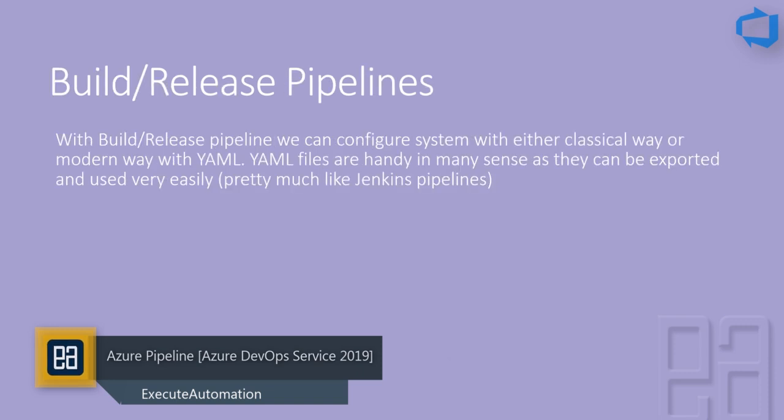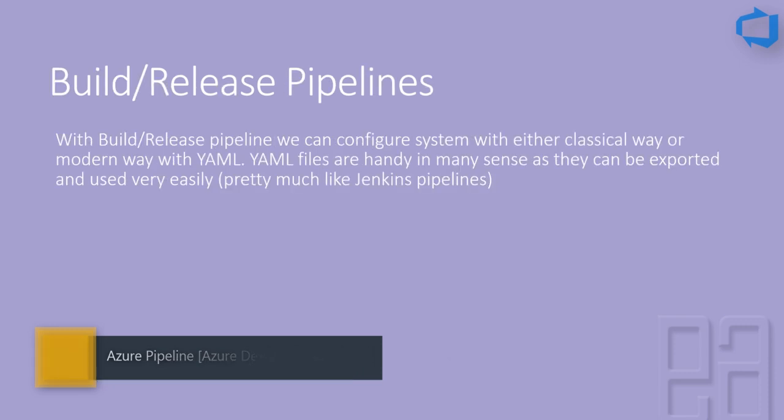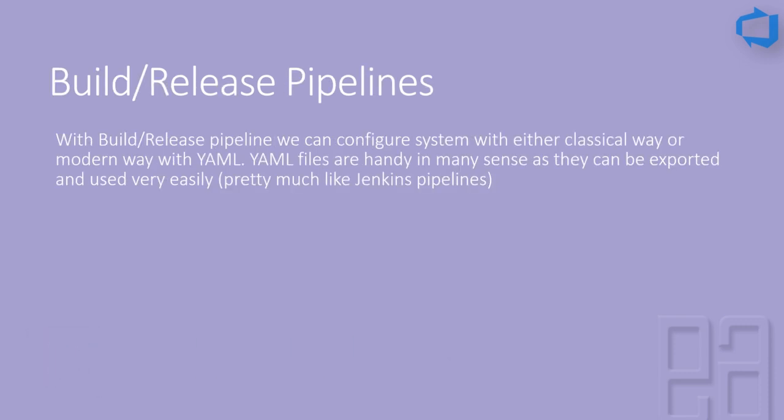Finally, for the build and release pipeline, we can configure the system with either the classical way or the modern way with a YAML file. YAML files are handy in many senses, as they can be exported and used very easily with that particular file format.